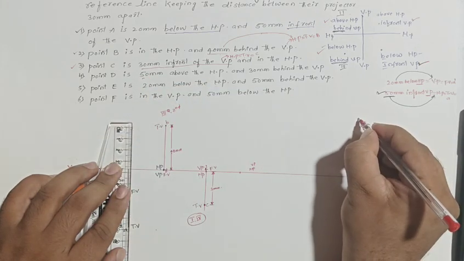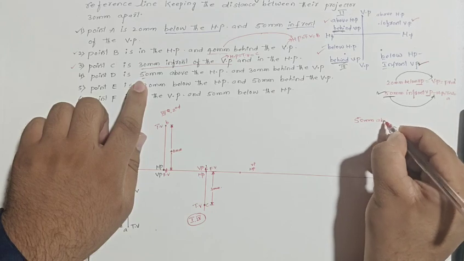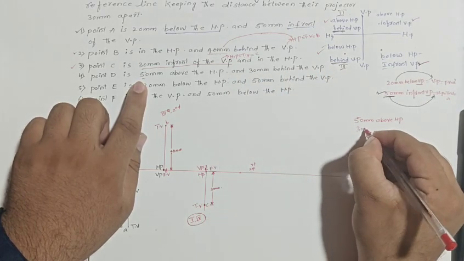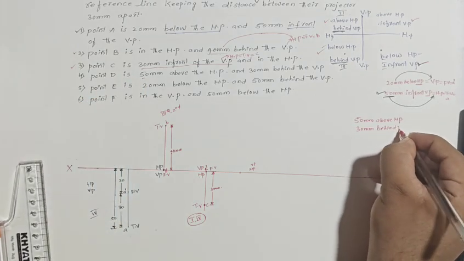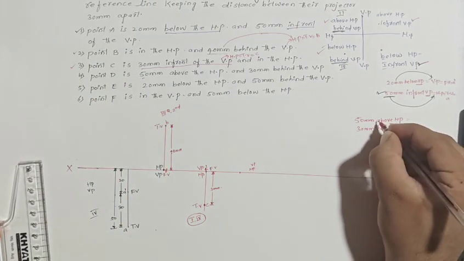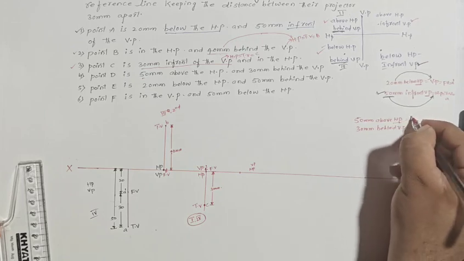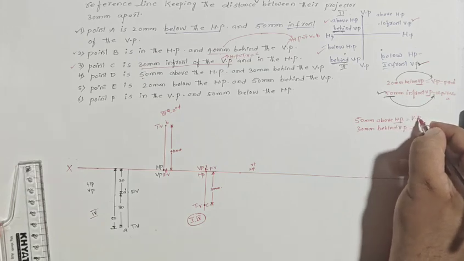First of all, let us see. You can write here 50 mm above the HP, 30 mm behind the VP. So 50 mm you need to draw where? 50 mm above the HP means draw the figure on VP.